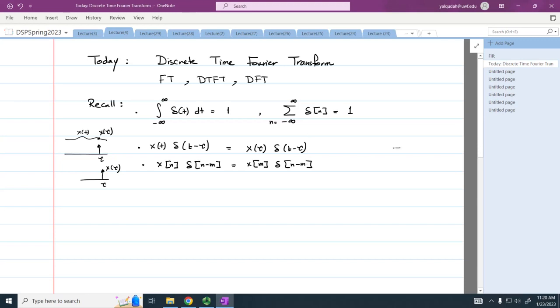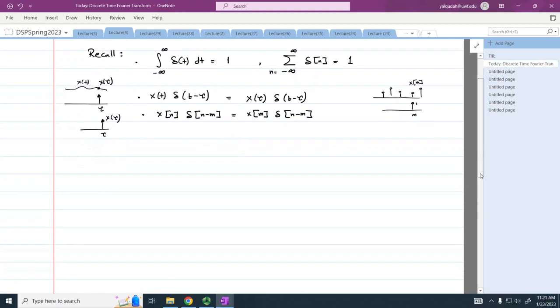I have a sequence x of n, and then I multiply it with an impulse that happens to be at m. What used to be a magnitude of 1 is now going to multiply whatever value x of m is at this point. It's going to scale this impulse. Sounds good? Everybody? Okay. This is the warm-up before we start the lecture.